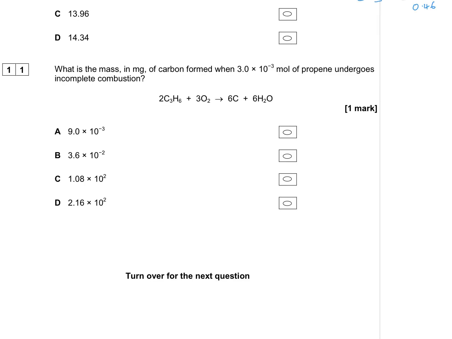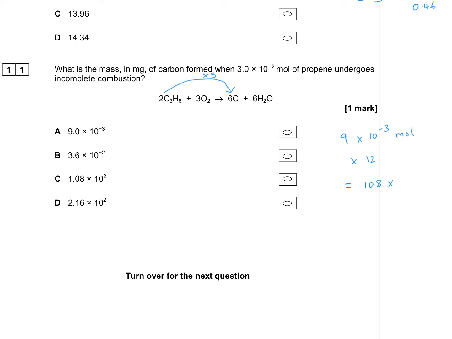So question 11 is reacting masses. It's what mass of carbon is formed. If you look, for every 2 moles of propene, you get 6 moles of carbon. So if you've got 3 times 10 to the minus 3 moles of propene, you would expect to get 9 times 10 to the minus 3 moles of carbon. To then work out what mass that would be, we times it by the molar mass, so times it by 12.